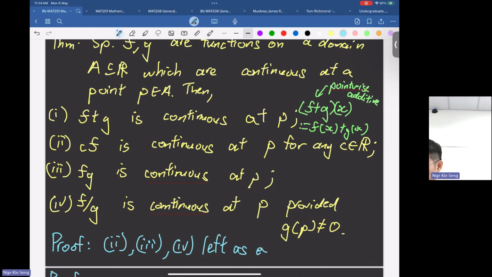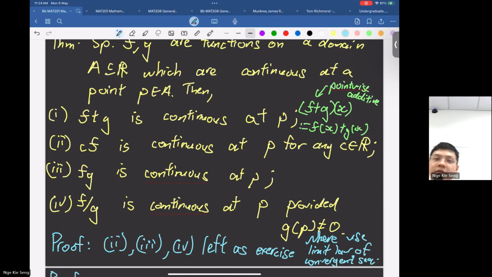Left as an exercise. You use the limit law of convergent sequences.